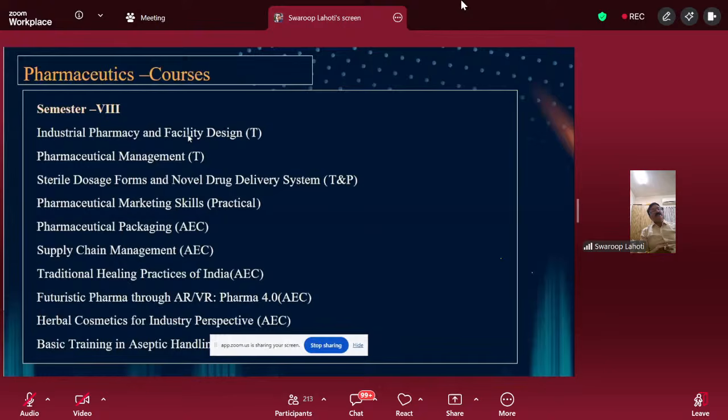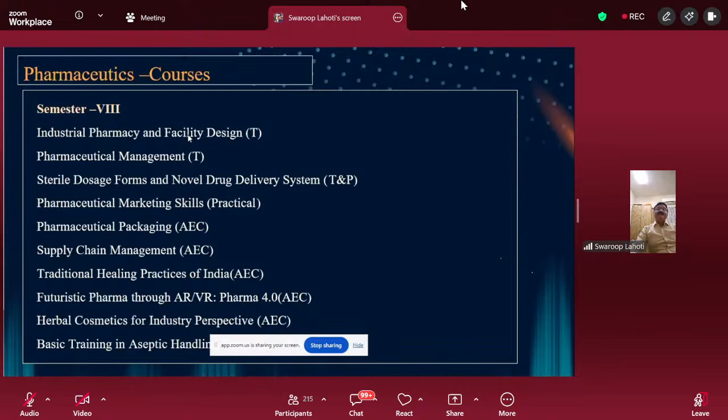Then there is a separate elective on pharmaceutical packaging. Clear? Because an equally important part of pharmaceutical development is packaging, and newer innovative packaging is coming into the market. Then supply chain management, then traditional healing practices, that is your Indian knowledge system, then futuristic pharma through augmented reality and virtual reality. This is pharma 4.0, meaning this syllabus is in a futuristic way.